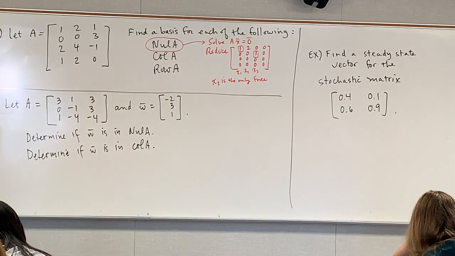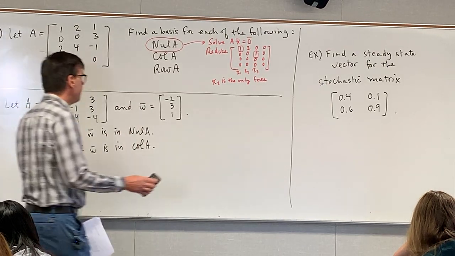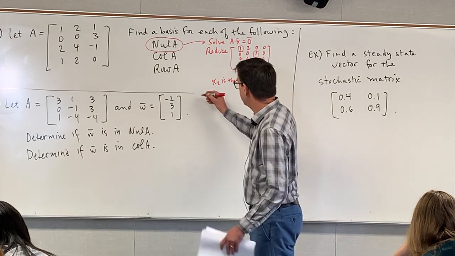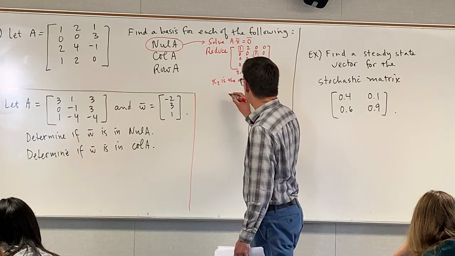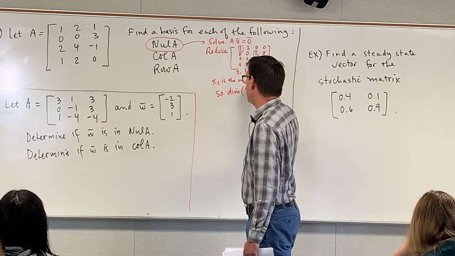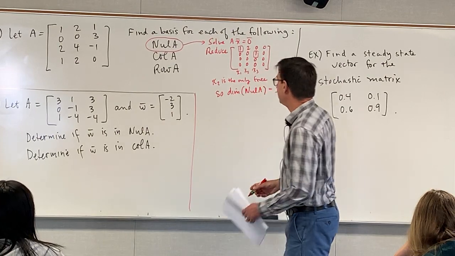And as soon as I see that I only have one free variable, I know the dimension, so the dimension of null A has to be 1 here.